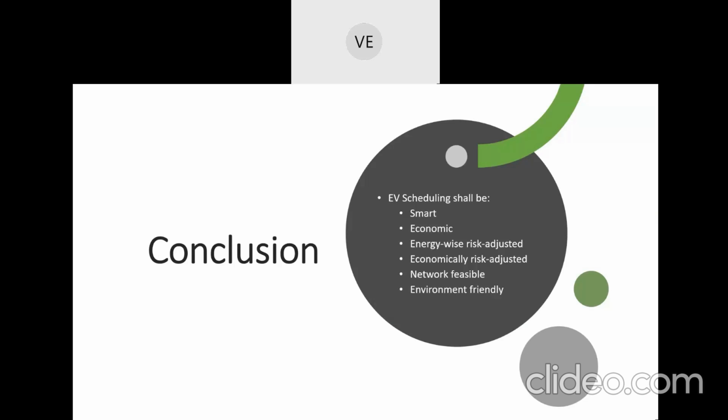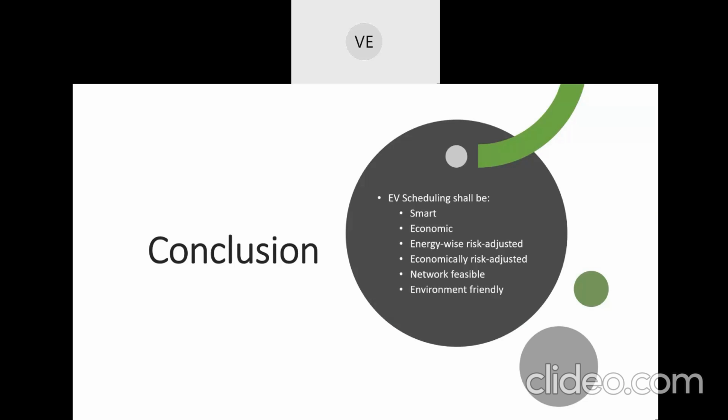Then economic, it should be either a cost minimized schedule or a profit maximized schedule. Then energy wise risk adjusted, energy balance should be there. Whatever schedule is communicated with the operator, if it is more realistic, then that is a more ideal schedule, right? That is energy wise risk adjusted.